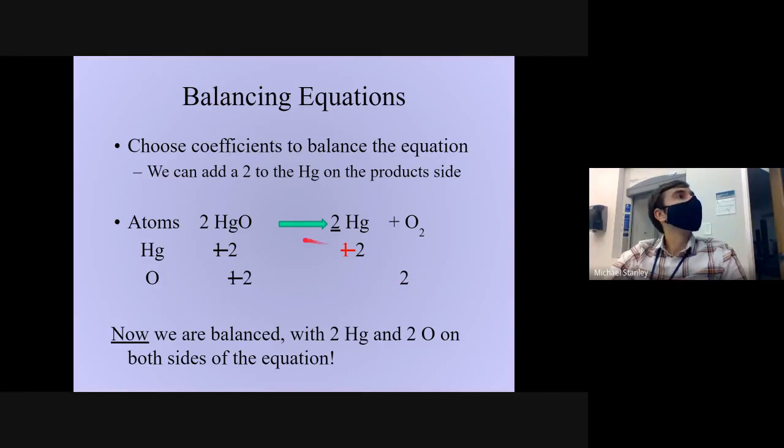All that matters is that the Hg numbers match up on either side and that the O numbers match up on either side. So this is balanced, not necessarily because everything is 2, but because the Hg's are the same and the O's are the same. That's what makes it a balanced chemical equation.